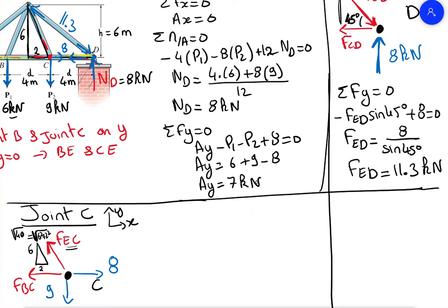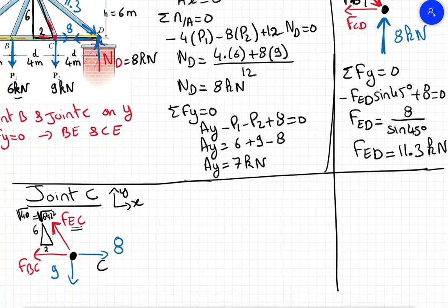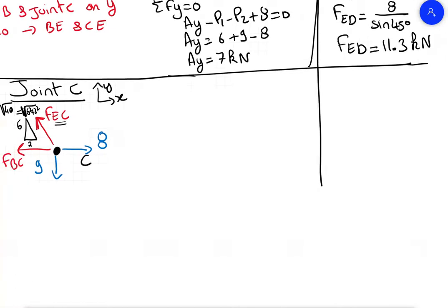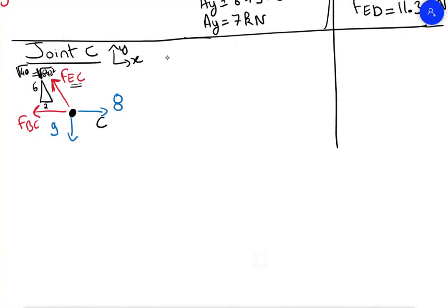Now I can move a little bit. Okay, I thought my screen was frozen. Okay, sum of the forces on Y is equal to 0. So we have plus FEC times 6 divided by the square root of 40, the hypotenuse, minus this one, 9, equal to 0.